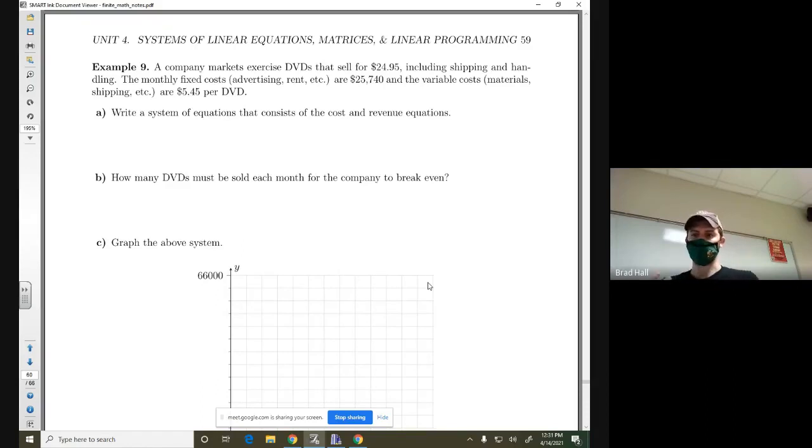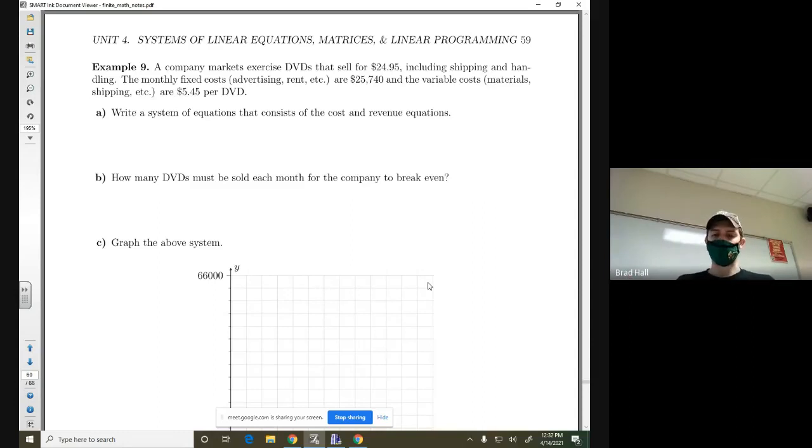And they also tell us that the cost for manufacturing these, as well as all the other subsequent costs, was $25,740 for fixed cost, which is something that they will have to pay no matter what. And then variable cost, variable meaning it varies depending on how many DVDs are manufactured.